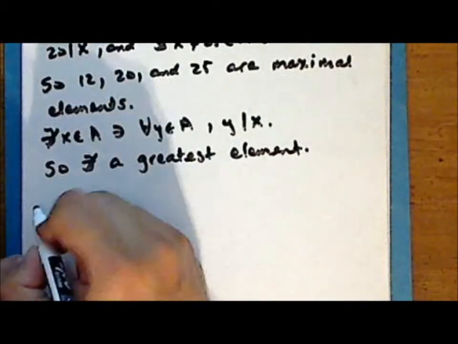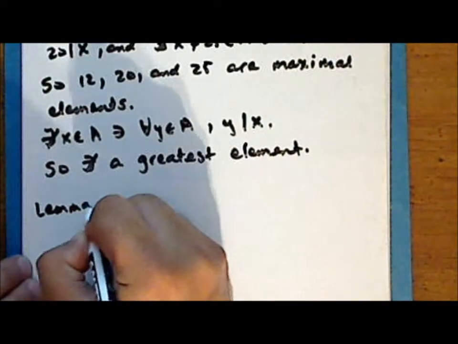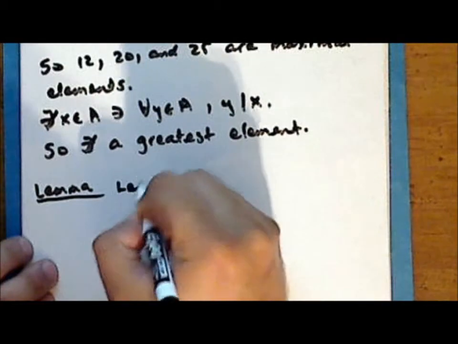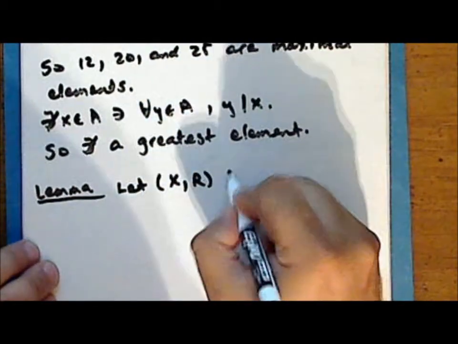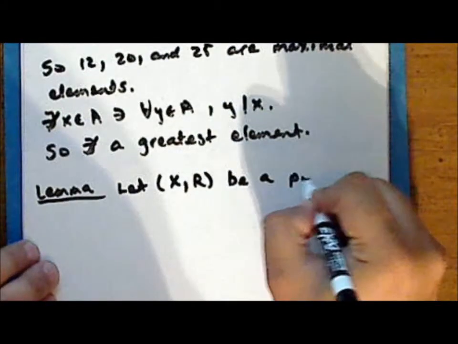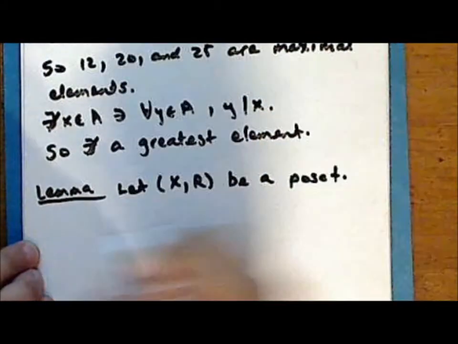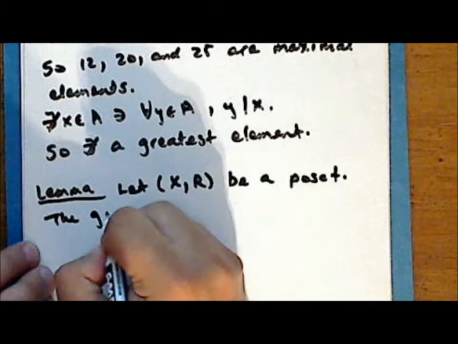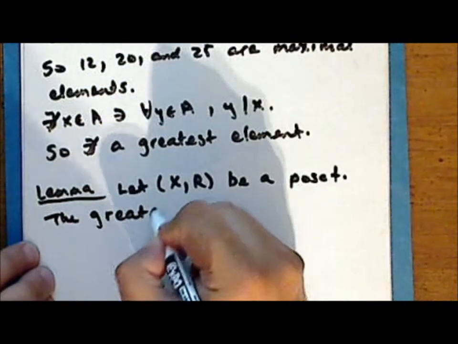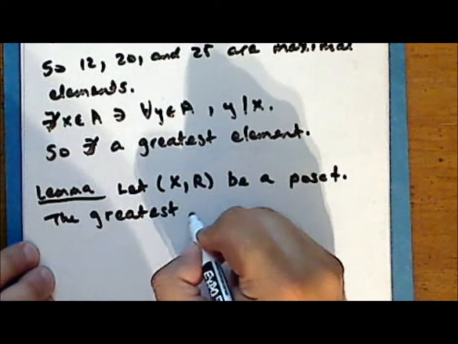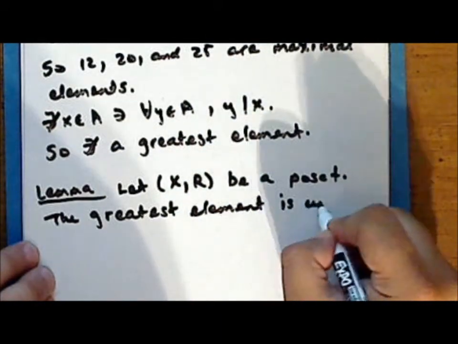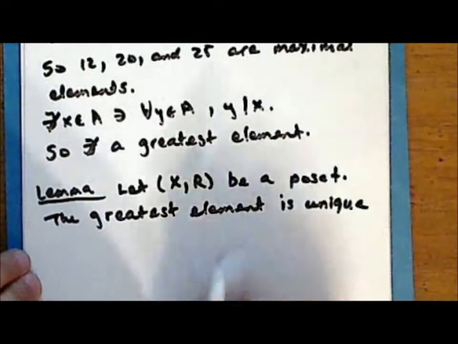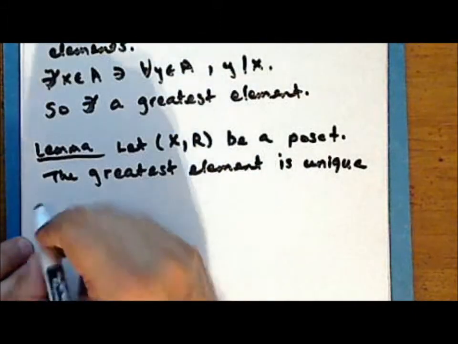Okay, so next, as a lemma, we will show that the greatest element is unique when it exists. So let the set X together with the relation R be a poset. The greatest element is unique when it exists.